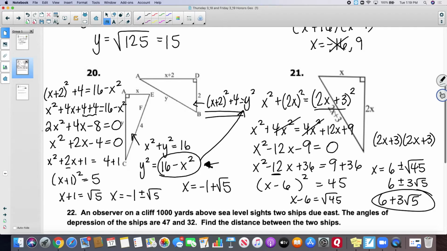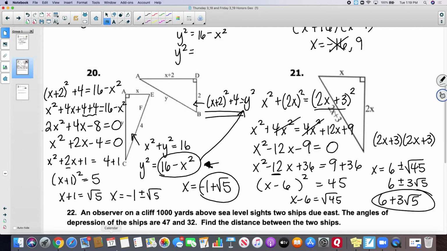So I'm going to erase this and write it up here. If I take this equation, y squared equals 16 minus x squared, and for x, I'm going to plug in this value. So y squared equals 16 minus negative 1 plus the square root of 5, squared.